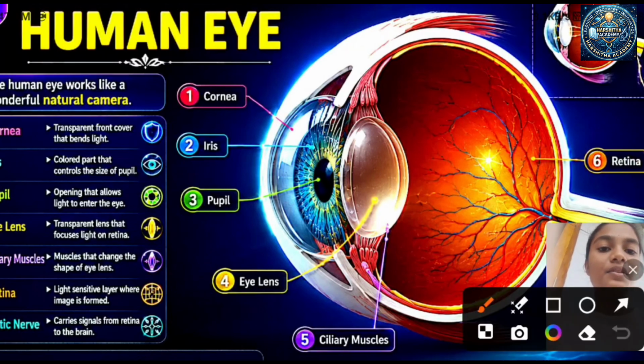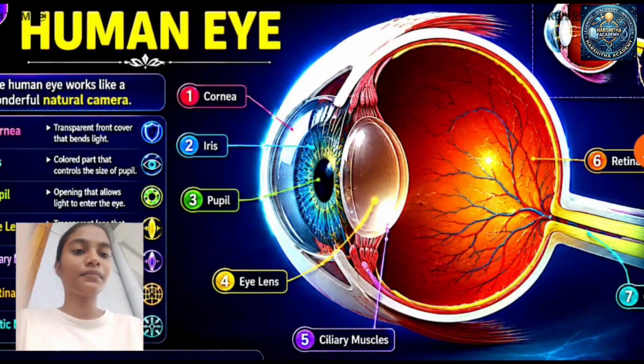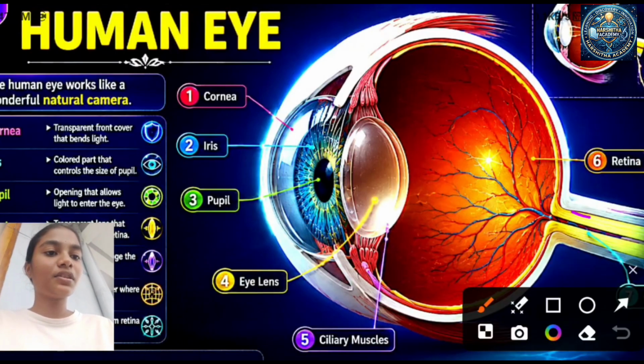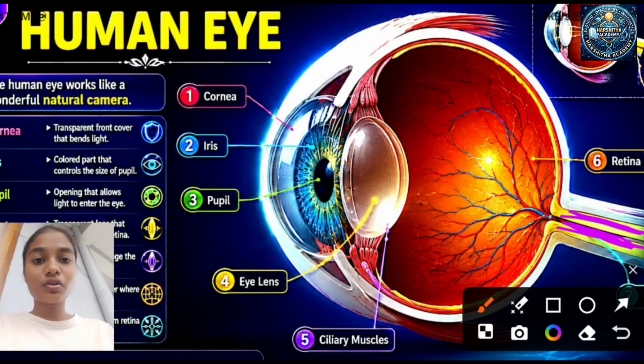You can observe here there is the optic nerve. What is the optic nerve? It carries signals from the retina to the brain. This is what we call the optic nerve. It is connected to the brain. What we see, that image is formed in our brain.